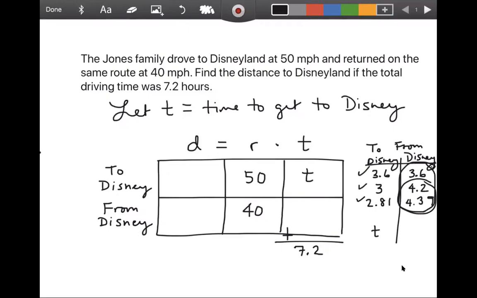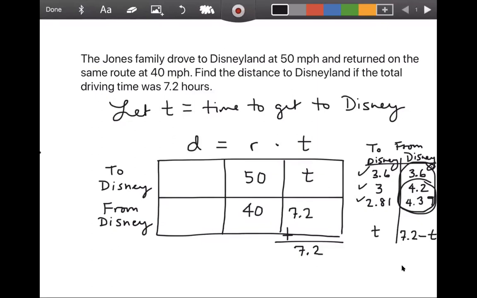If it takes 3 hours, it takes 7.2 minus 3 hours. If it takes 2.81 hours, it takes 7.2 minus 2.81. And if it takes T hours to get to Disney, it takes 7.2 minus T to get home. So that's what I'm going to fill in here.